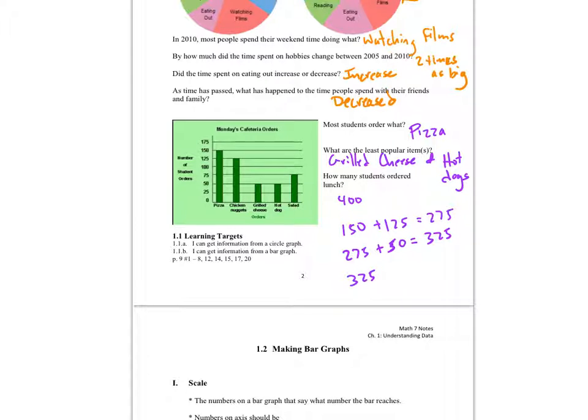No, 450. And then we've got 375 plus 75, which is 450. So not 400, we got 450.